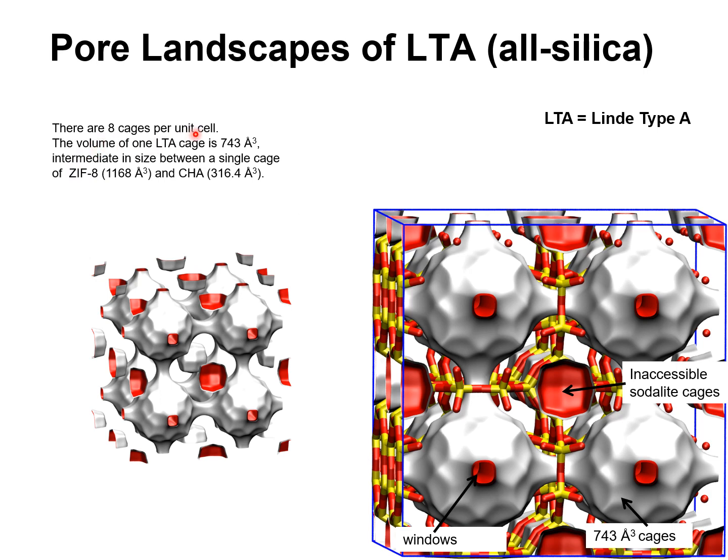There are 8 cages per unit cell. The volume of one LTA cage is 743 cubic angstrom, that is intermediate in size between a single cage of ZIF8 and Chabasite. Each cage is separated from the adjacent cage by 8-ring windows.